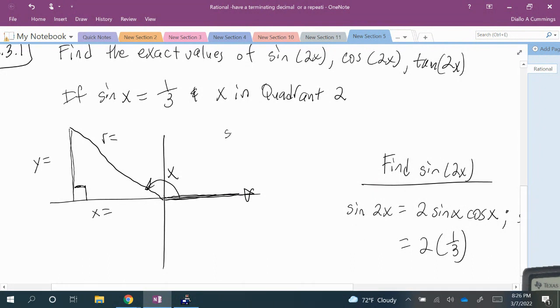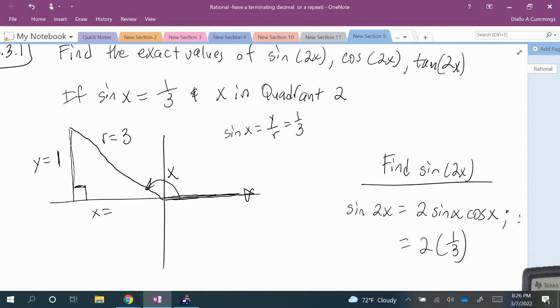The sine of any angle measure is y over r, from our formula. We're given that the sine of x is 1/3, so this means that our y value is 1 and our r value is 3.